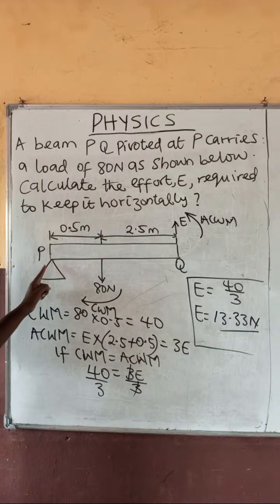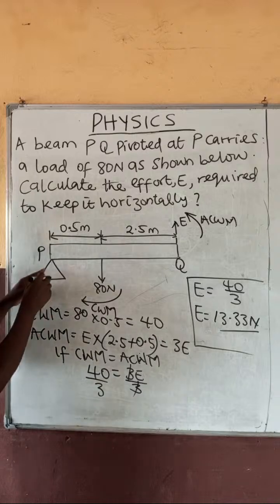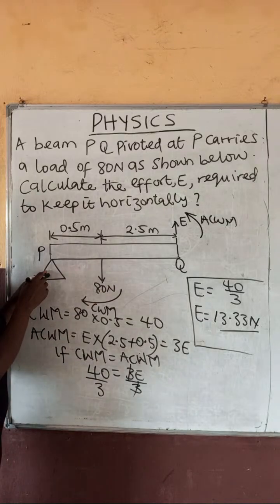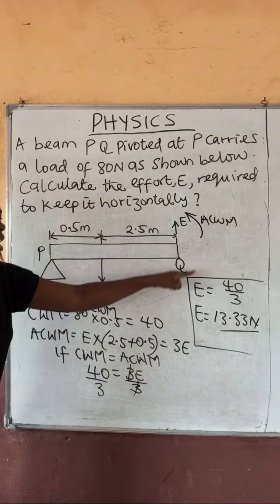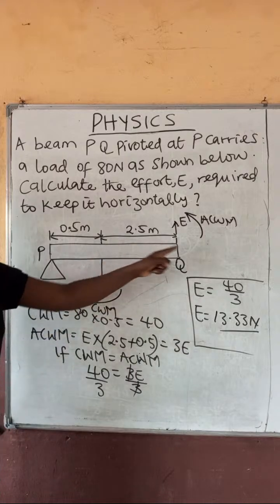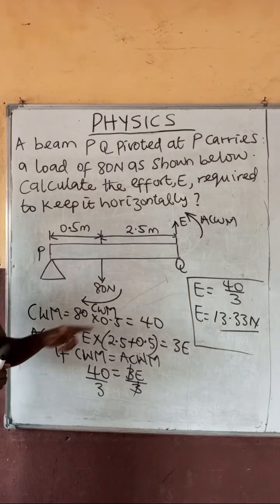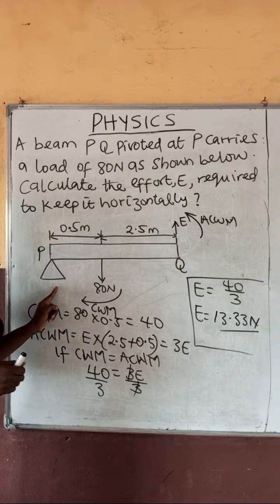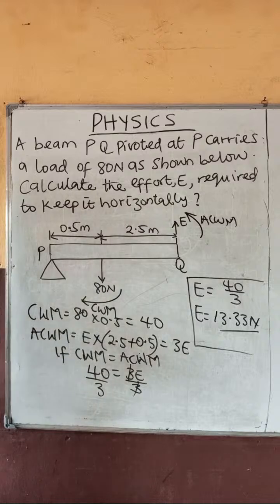So we are making respect of this to take our rotation. This is clockwise to this, while this is anti-clockwise.